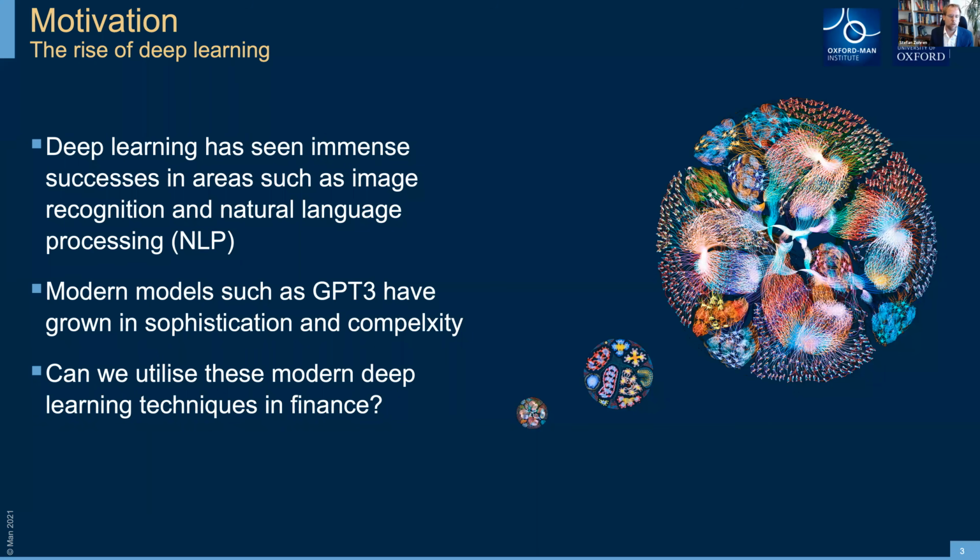Many of you might have heard of models such as GPT-3, developed by OpenAI, which is a very sophisticated and complex natural language processing model. Those plots on the right are some nice plots produced by Graphcore of some hardware graphs, which really should visualize to you the complexity of those models. Those models have been getting more sophisticated, but also more complex.